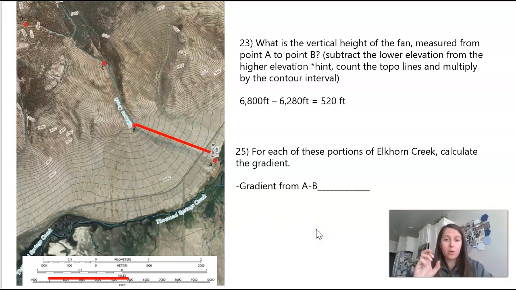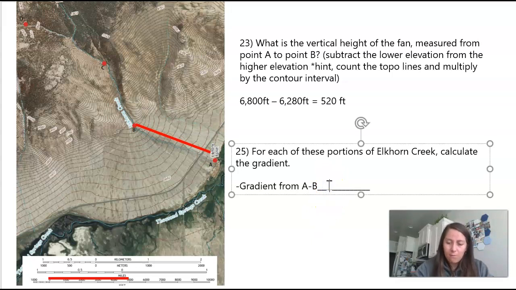Those should be the same units. And then you're going to multiply that result by 100 to give you a percent. So if we had our change in elevation to be 520 feet, we divide that by the distance that we have to calculate, and then we multiply times 100, that should give us a specific gradient.